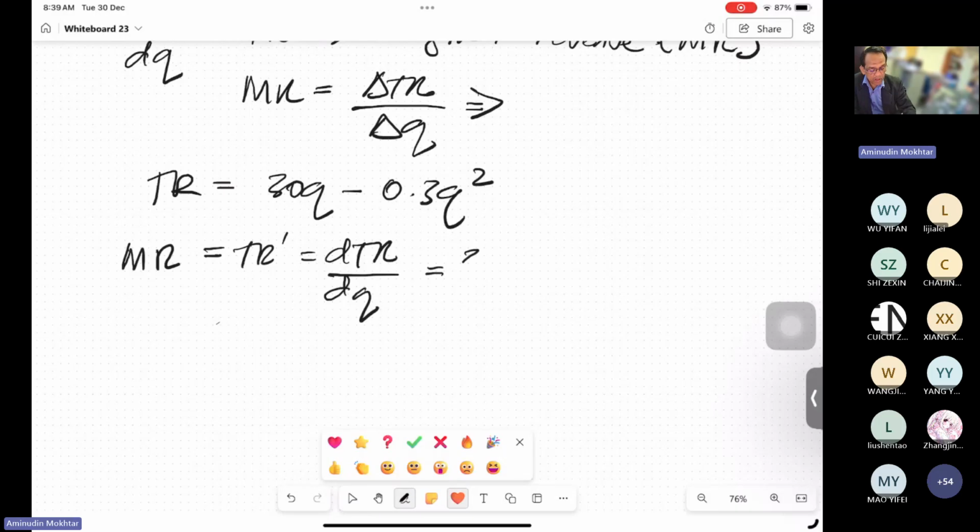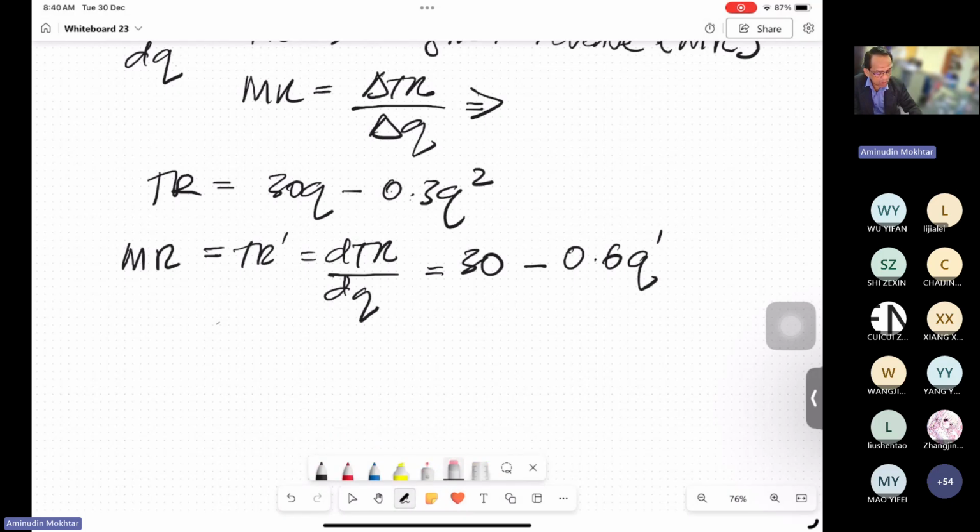The first derivative of 30Q is 30, minus 0.3Q squared. The first derivative is 0.3 times 2, which is 0.6, Q to the power of 2 minus 1 equals 1. It's not necessary to write this, so 0.6Q. This is the marginal revenue, or the slope.